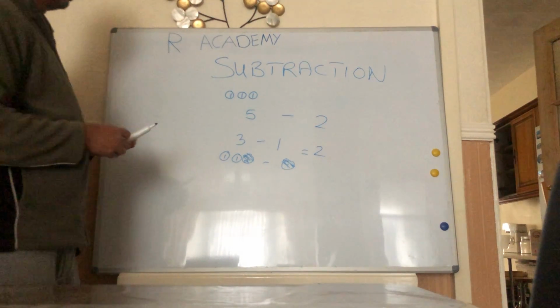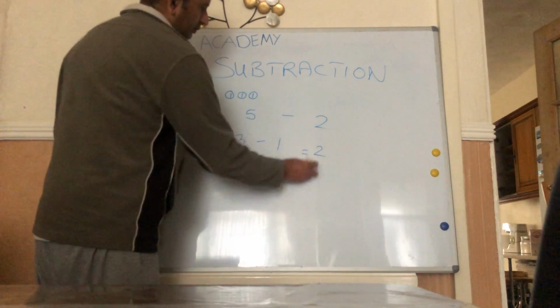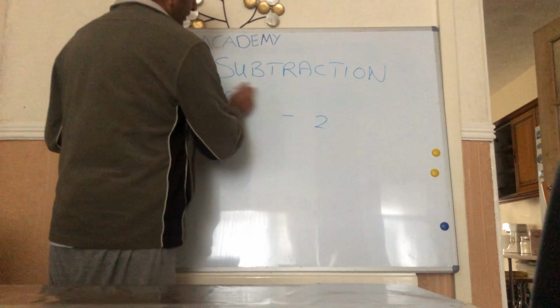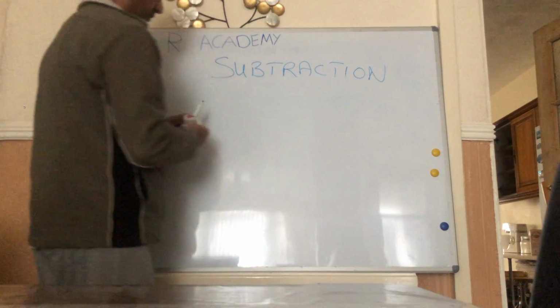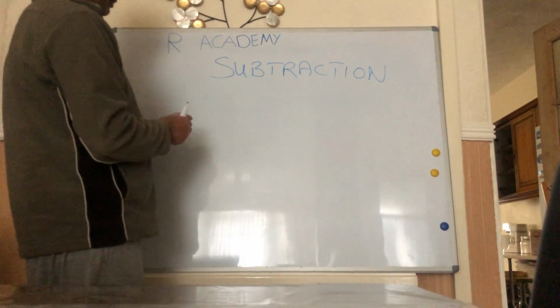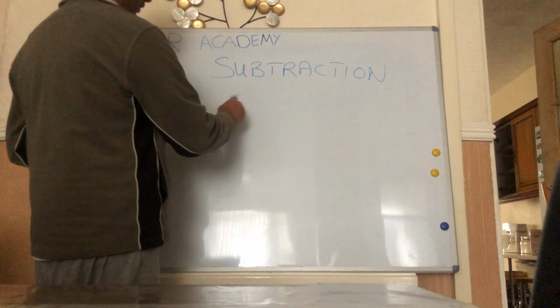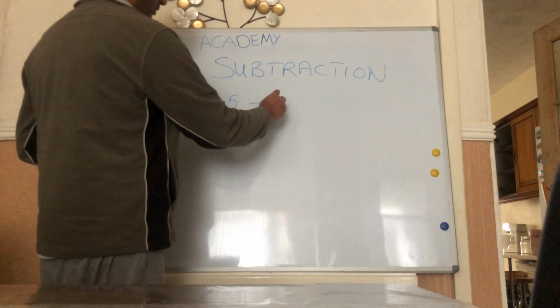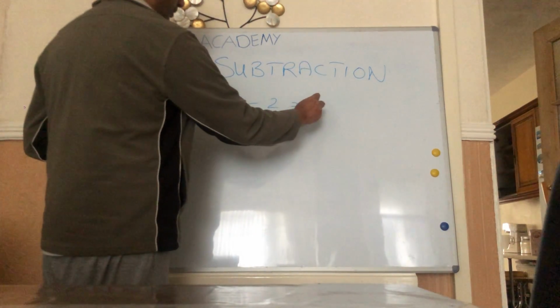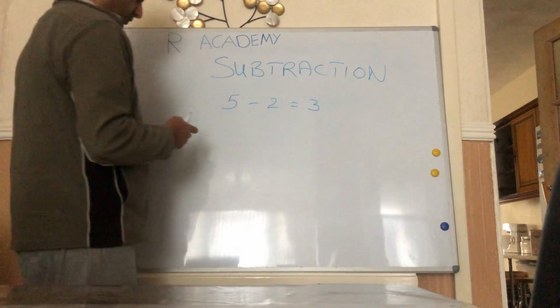So therefore, you could look at it another way and say you've got 5 minus 2 equals 3.